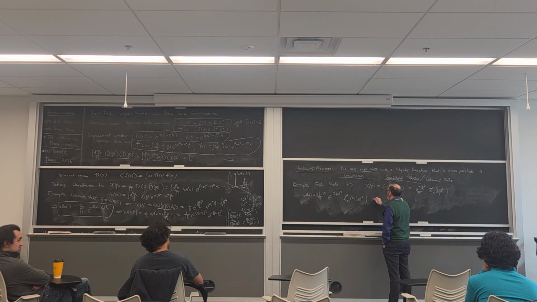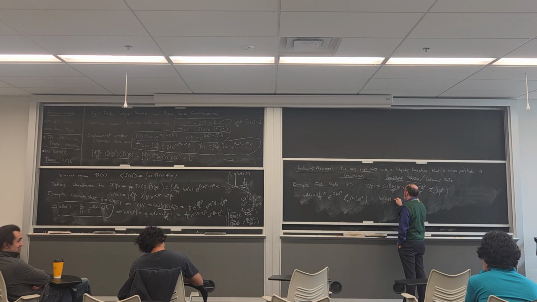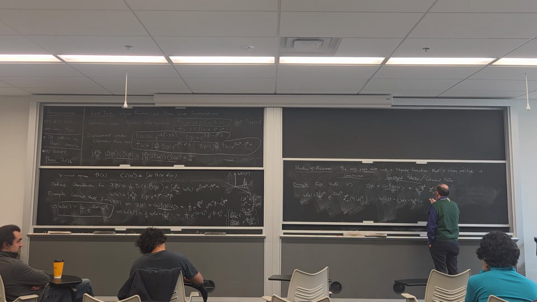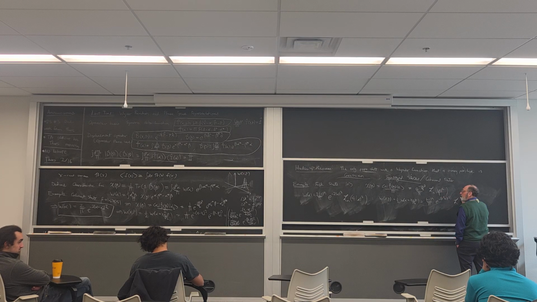In fact, let's write it back in terms of the real quadratures. This is equal to minus 1 to the n over pi, e to the minus x squared plus p squared, times the Laguerre polynomial evaluated at 2 times x squared plus p squared.